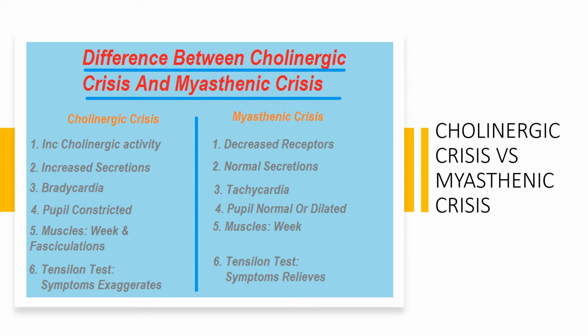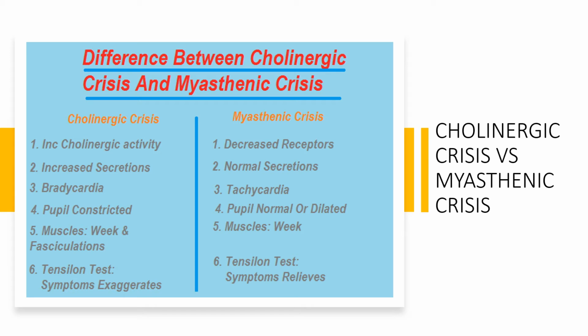Okay, so let's look at the symptoms of myasthenia gravis. You do have decreased acetylcholine receptors from this disease. You have normal secretions. There's no parasympathetic involvement here at all. Tachycardia, we'll take. I don't totally agree with that. You can be a bit tachycardic with myasthenia gravis, possibly because you're having some difficulty breathing.